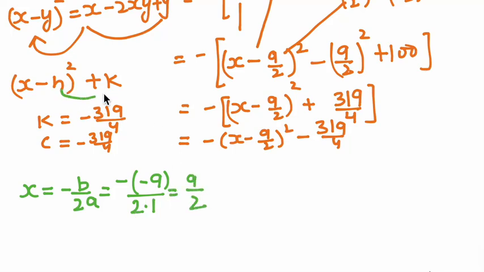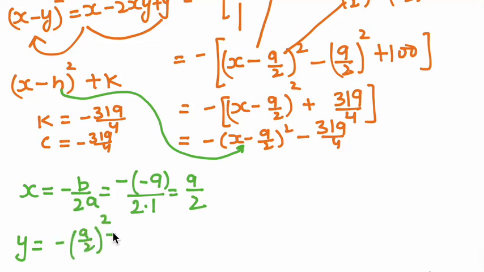So if you compare, we have already done it directly. Here x is 9 by 2. Now to find the k value, we have to plug in x as 9 by 2 everywhere, plus 9 times 9 by 2 minus 100.